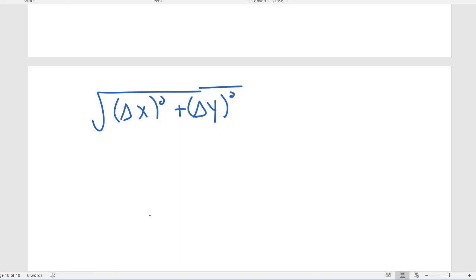So I'm going to come back for a second and let's just look at this for a moment. And we have delta x squared plus delta y squared. And we're going to do a little bit of algebra cleanup there, and it's going to give us something that's much more useful symbolically, right? So let's say underneath the radical I factor out the delta x squared. So I factor out the delta x squared, right? So what does that do? Well, it leaves me with a 1 right here, right?